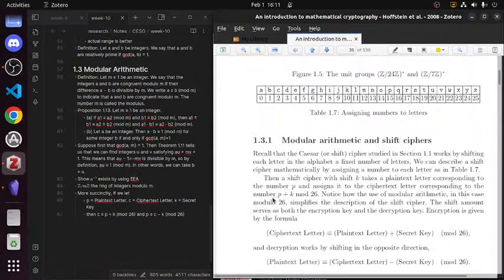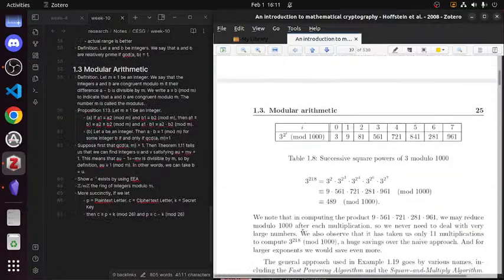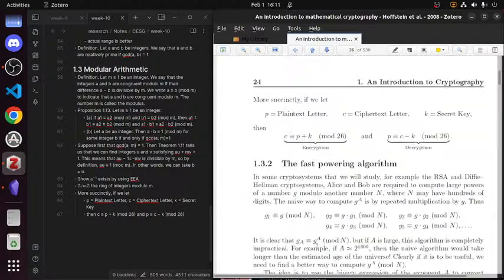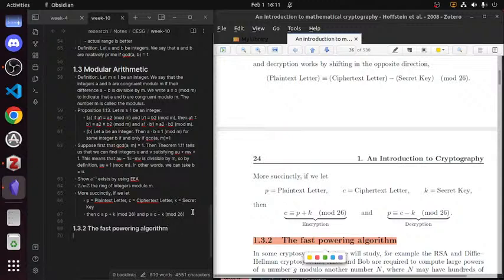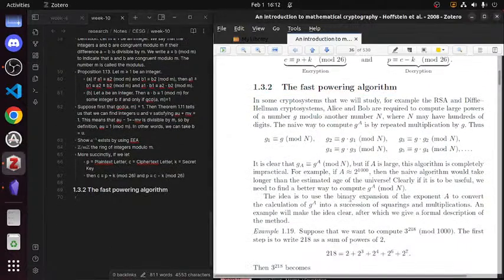I didn't really care much about sections 1.2, 1.3, whatever. I think I'll do it when I get to it, although for fast powering I will, because I needed to take the notes on this one. I'm kind of tired, but I'm finally getting into the swing of things.